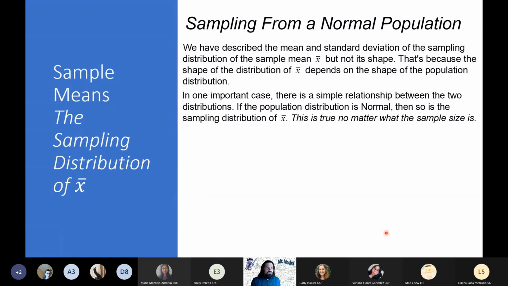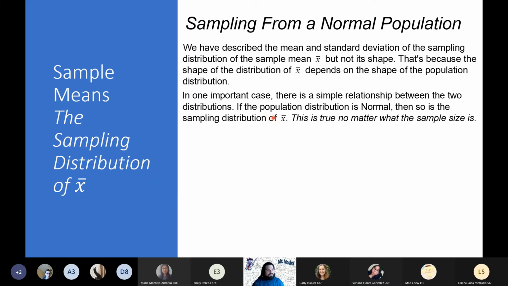If we're sampling from a normal population, we get the following. We have described the mean and standard deviation of the sampling distribution of the sample mean X bar, but not its shape. That's because the shape of the distribution of X bar depends on the shape of the population distribution. In one important case, there is a simple relationship between the two distributions.